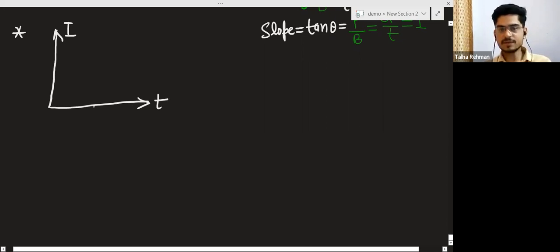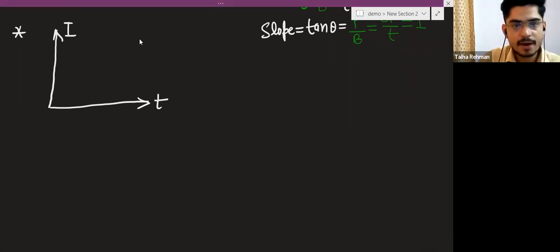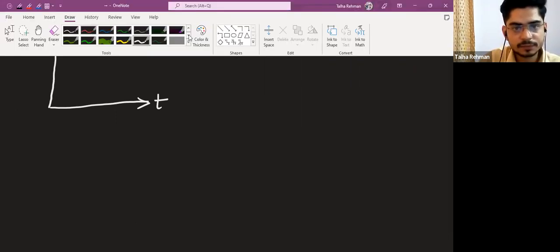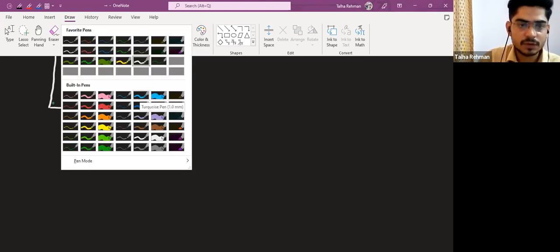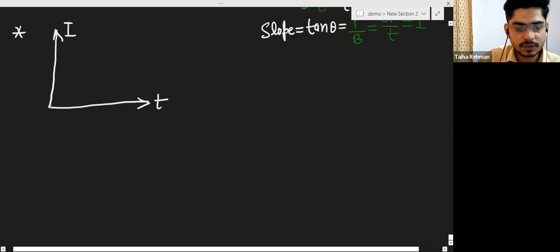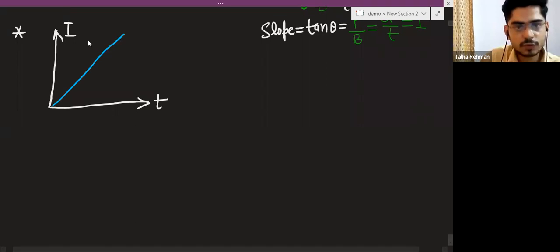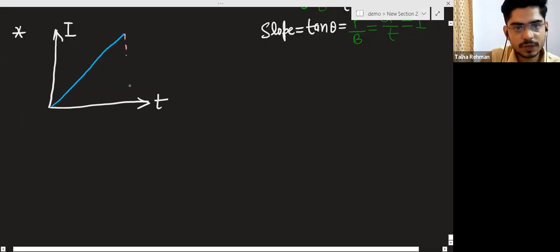This horizontal line represents the x-axis, and this vertical line represents the y-axis. You can think that the graph is like this.